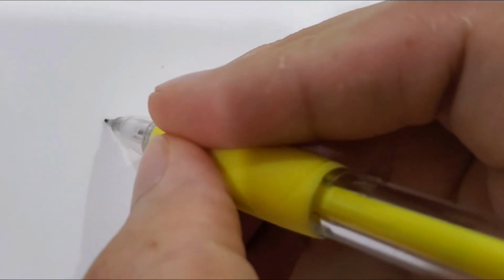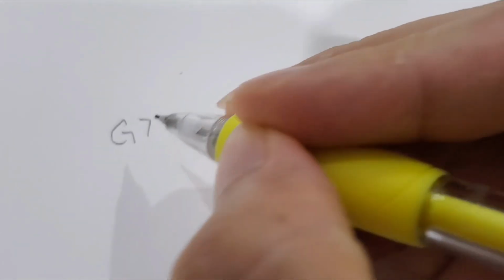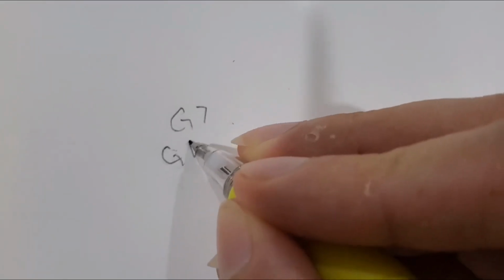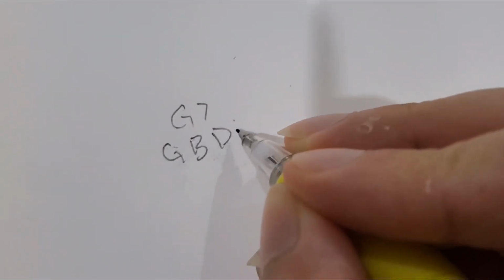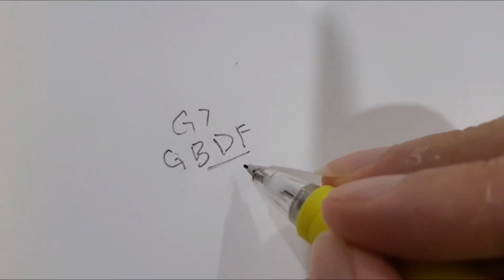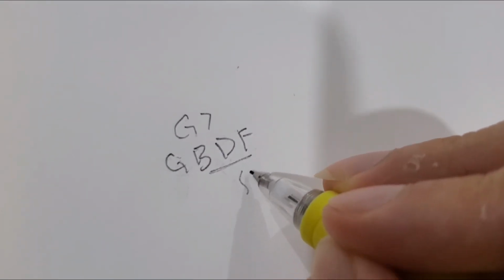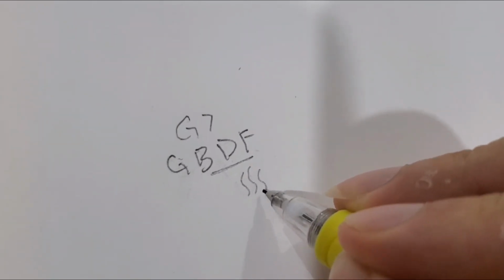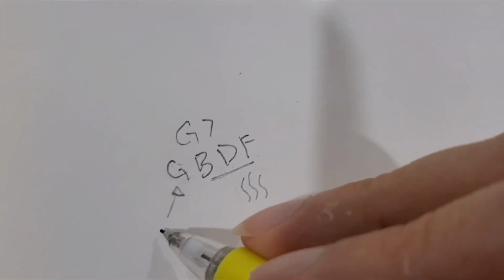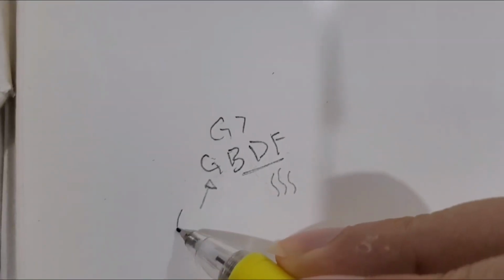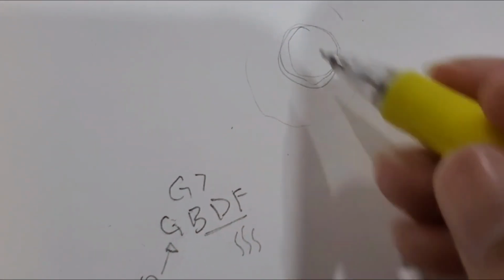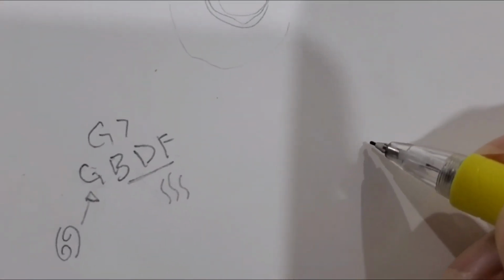Let's take G7. Okay, it's made from the notes G, B, D, and F. So right here, we've got 3 fire notes. Okay, and then here, we've got 1 wind note. If we put G7 in the circle diagram, it would be like this.